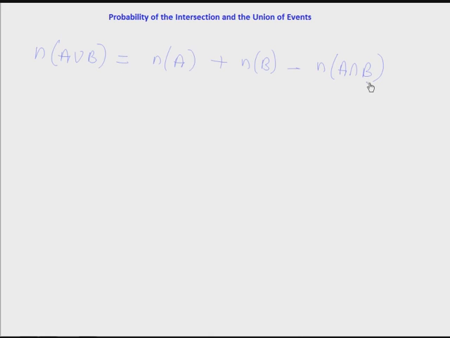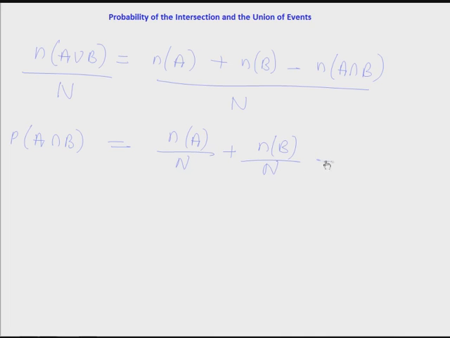If I divide both sides by the number of elements in the sample space, say n, then the left-hand side is just the probability of the event A union B, while the right-hand side can be rewritten as n(A) over n plus n(B) over n minus n(A intersection B) over n. And that turns out to be the probability of A plus the probability of B minus the probability of A intersection B.